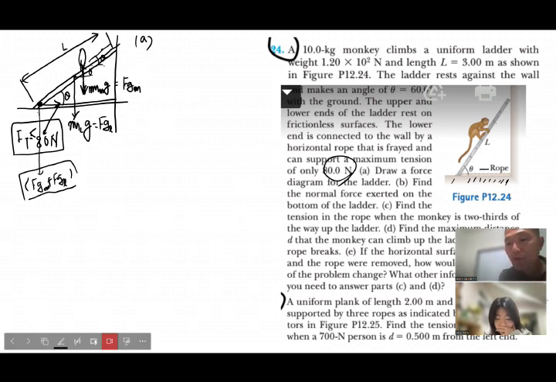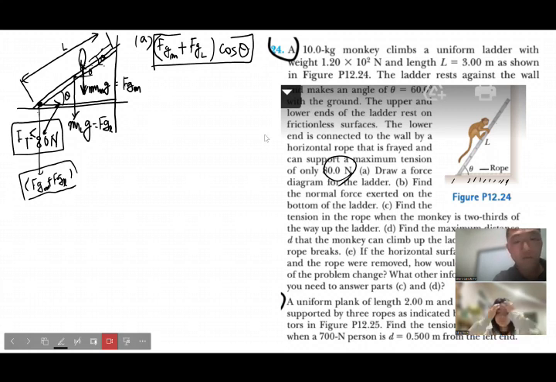So I drew the force diagram for the ladder, and for part B, find the normal force exerted on the bottom of the ladder. Basically that is the weight of the monkey and the weight of the ladder, times cosine theta, which is basically the vertical force.